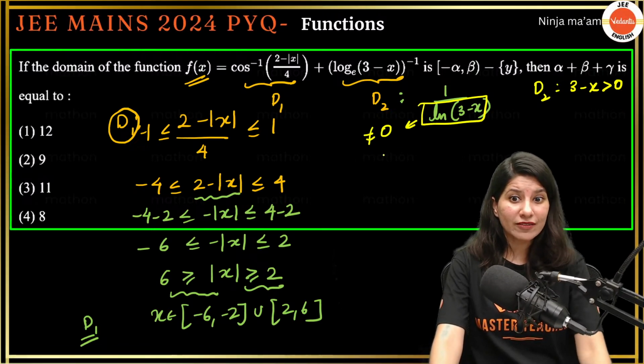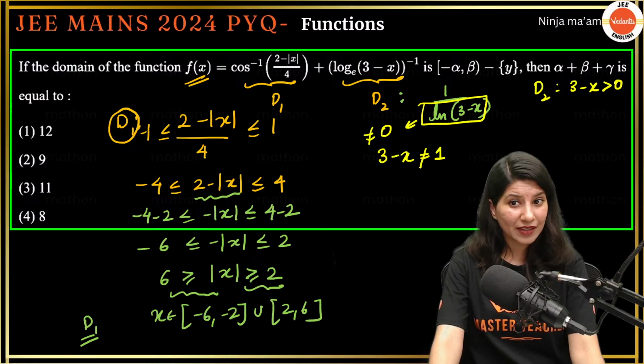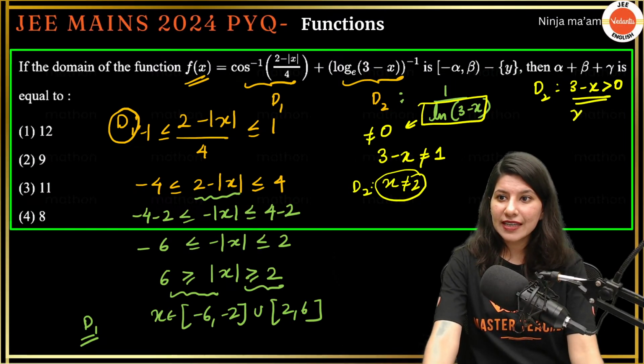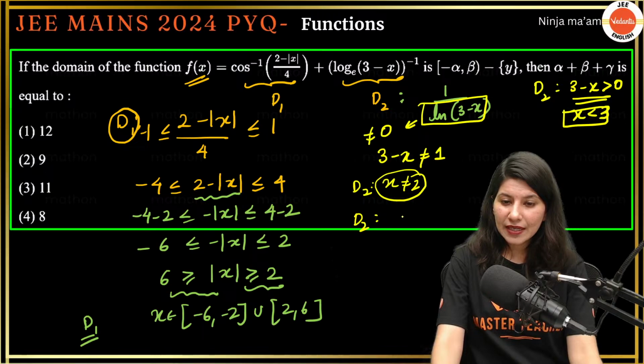We know that log 1 becomes 0. So the moment 3 minus x becomes 1, you guys are in big trouble, because log 1 will become 0. That is something you don't want. So x is not equal to 2. This is also d2. So if I solve this, x should be less than 3 but not equal to 2. So the final d2 should be minus infinity to 3 except 2.